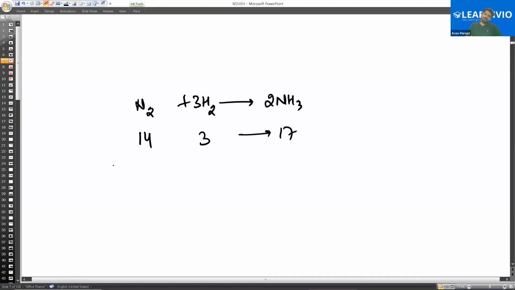If I ask you that you have this 12 gram and this one you have 21 gram, tell me which one will get consumed first, and what is the amount of ammonia gas that is going to form? Which will get consumed first?